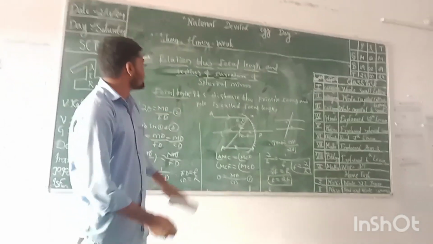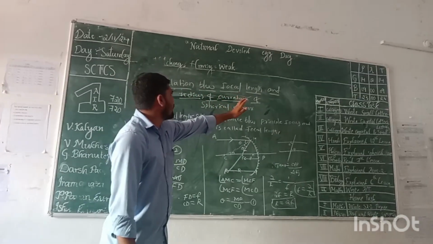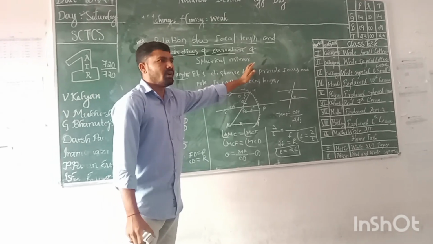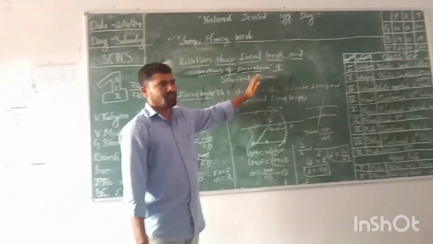This is a very important derivation, the relation between focal length and radius of curvature. It is a long question, an 8 marks question.